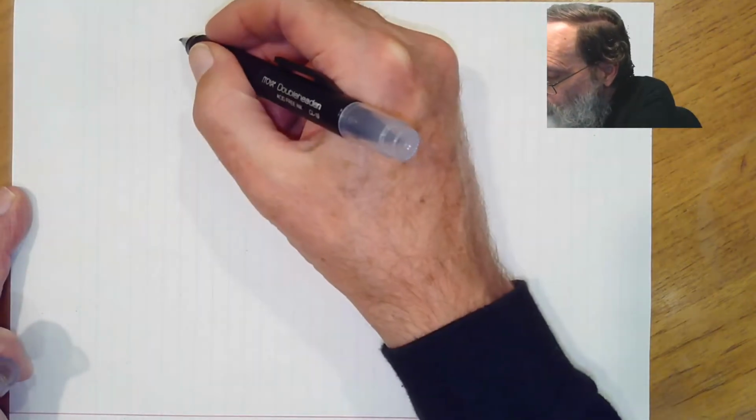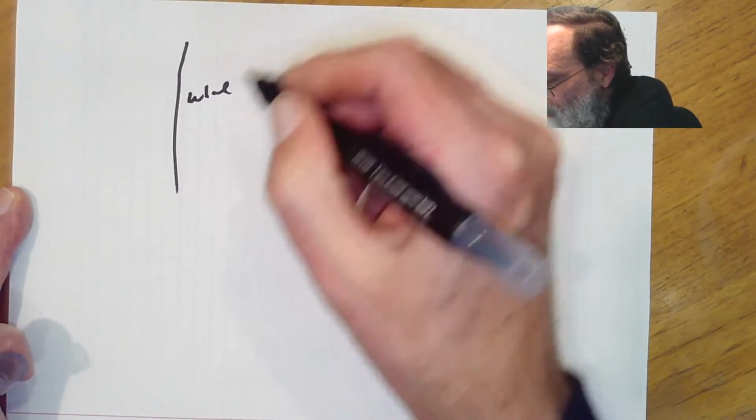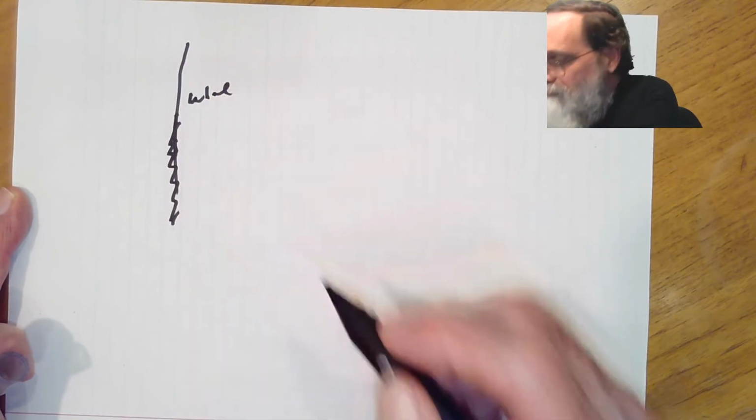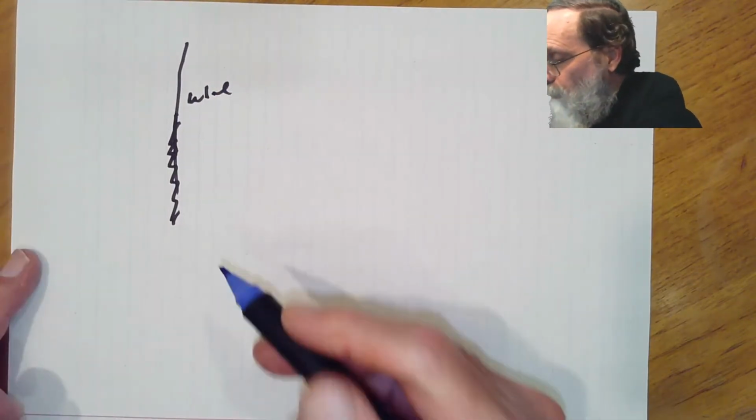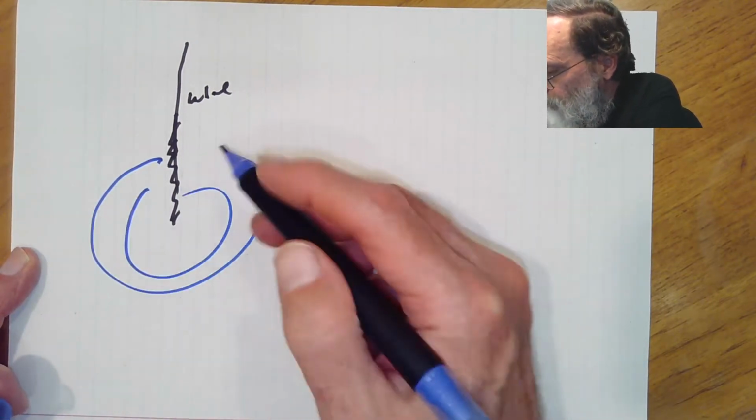The first sort is one where we have a wire and then some perhaps surface treatment on the electrode, and we surround that with an electrolyte.